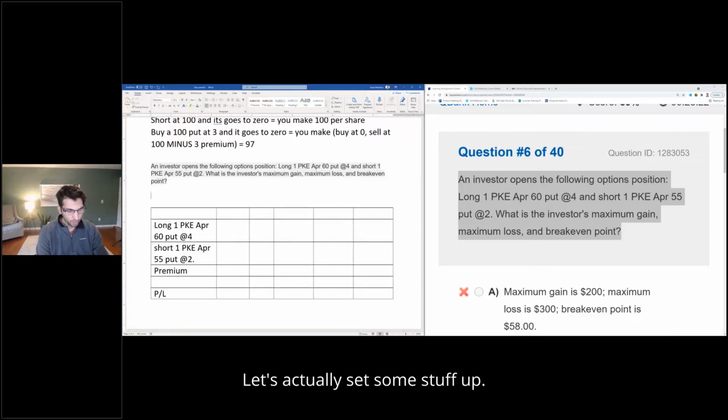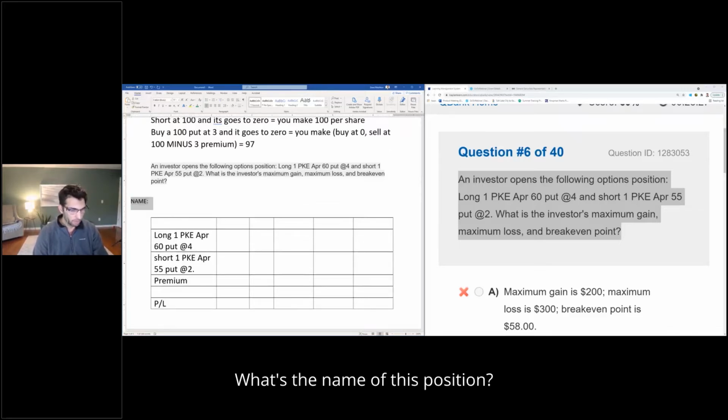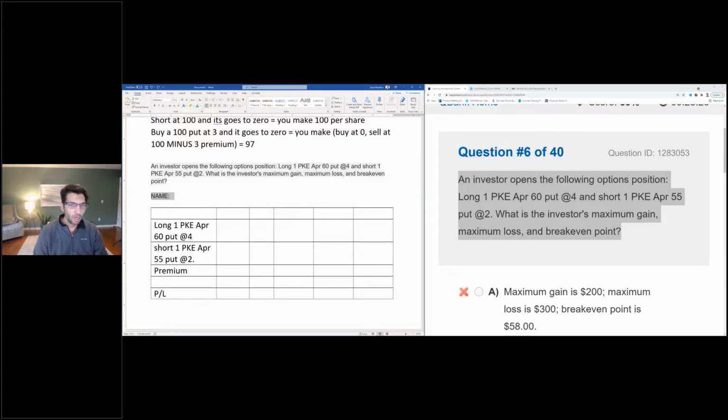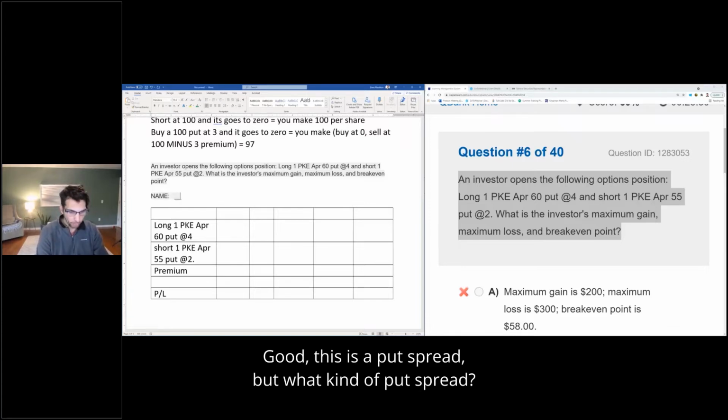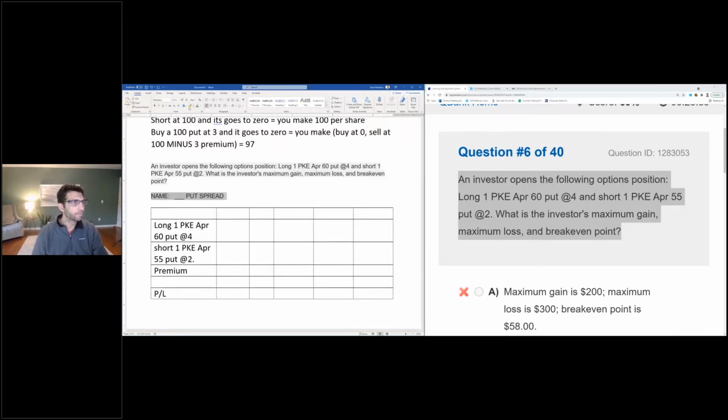Let's actually set some stuff up. What's the name of this position? Good, this is a put spread. But what kind of put spread?